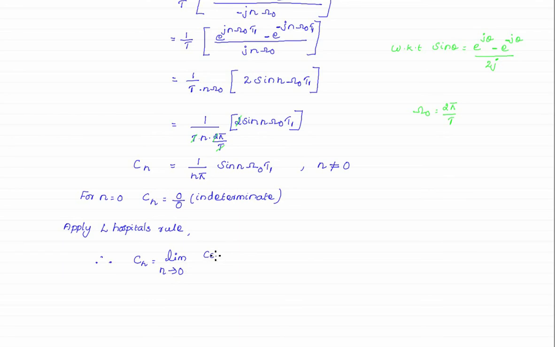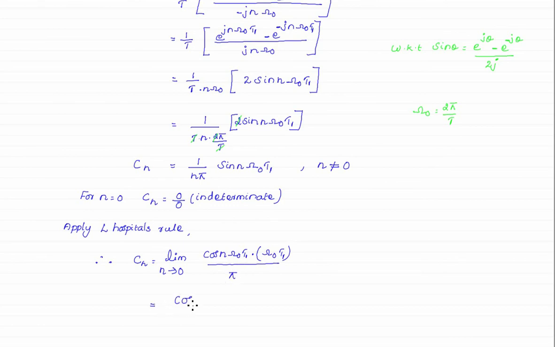Cn is equal to limit n tends to 0. Differentiation of sin n omega naught t1 is equal to cos n omega naught t1 times omega naught t1, divided by differentiation of n pi, which is equal to pi. The differentiation is with respect to n.